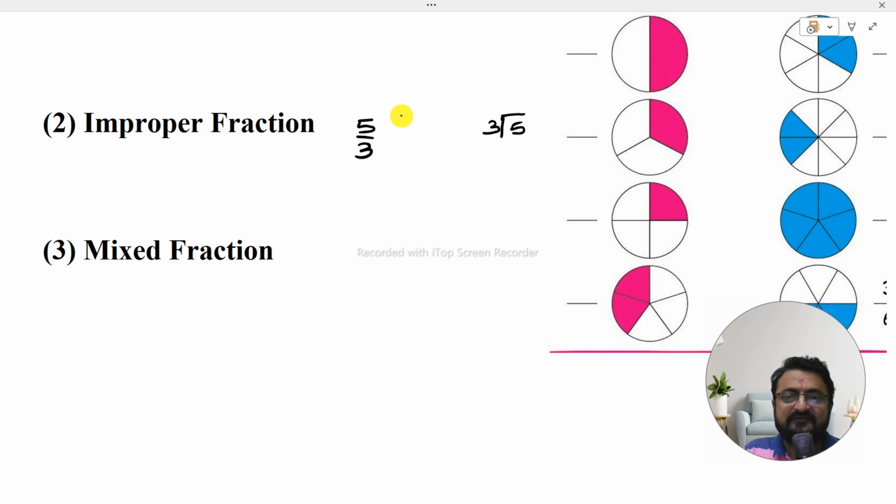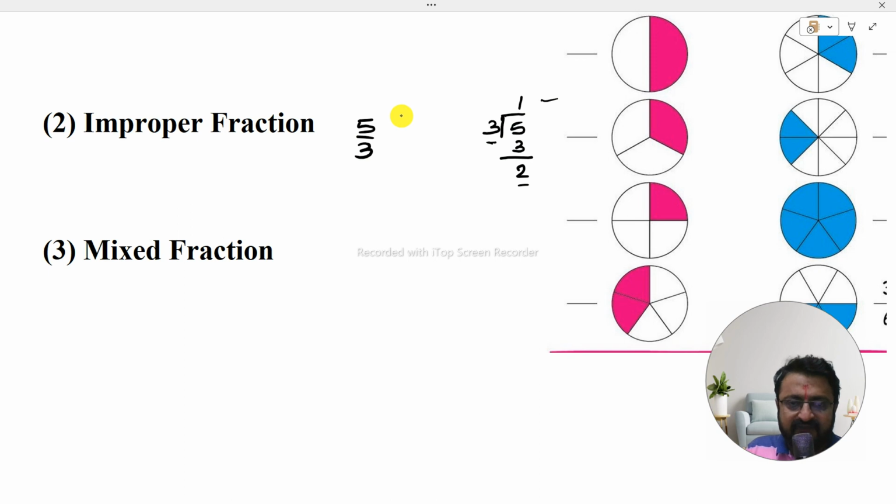The table of 3: 3 ones are 3. Now subtract 5 minus 3. The answer is 2. Now you can see I have 3 positions here: 3 is in the center position, 2 is in the lower position, and 1 is in the upper position.